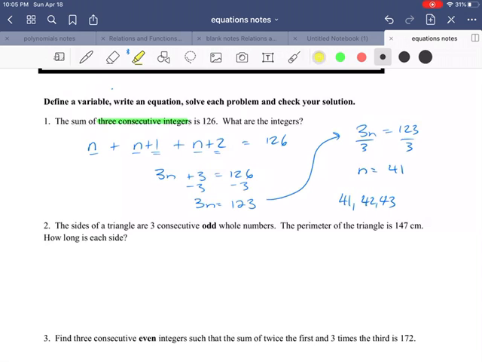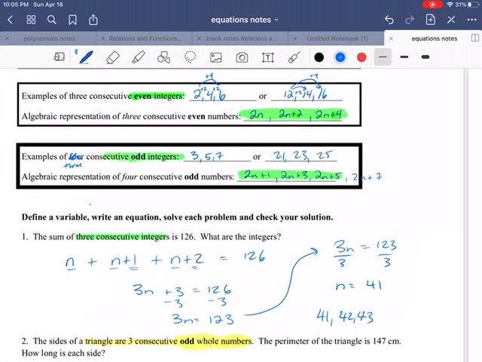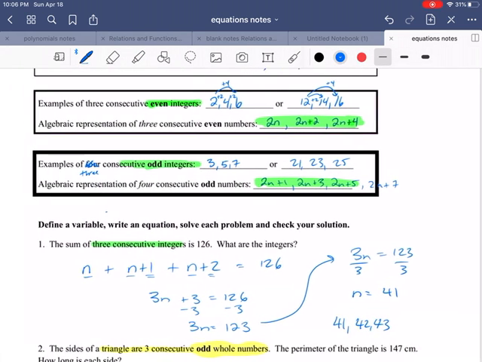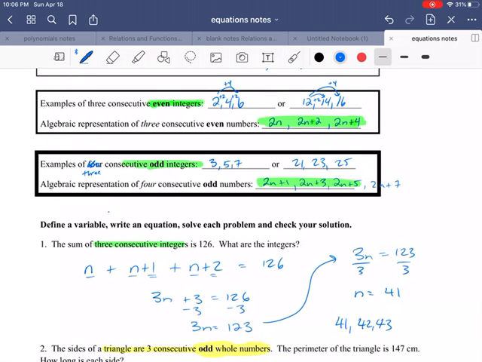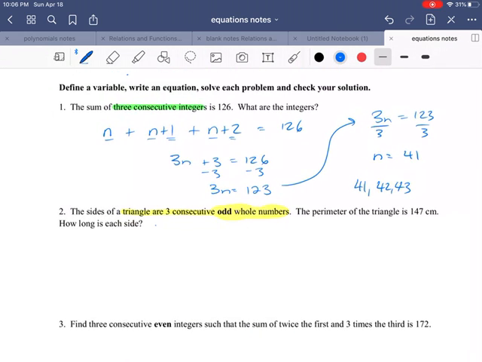Here's our next question. The sides of a triangle are 3 consecutive odd whole numbers. All right, so we got to look in our chart at the odd ones. So 2n plus 1, 2n plus 3, and 2n plus 5. So 2n plus 1 plus 2n plus 3 plus 2n plus 5. That's going to equal 147. Collect your like terms.